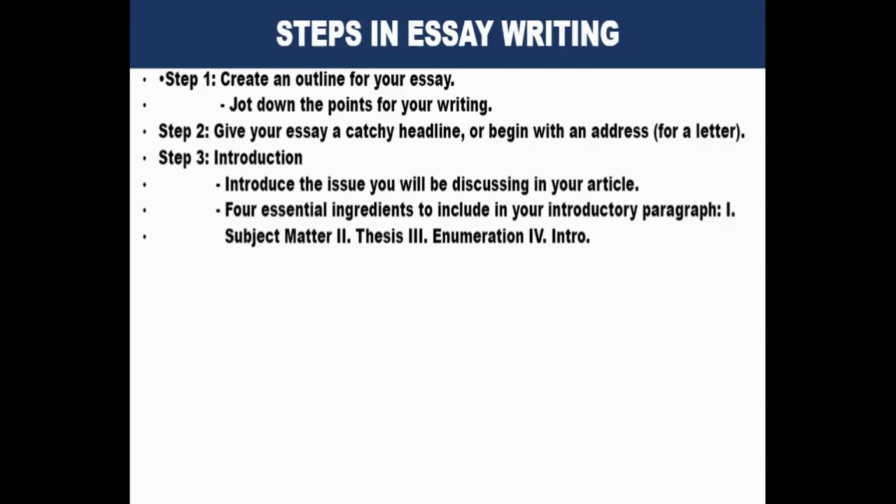One of them is the subject matter, the second one is the thesis, the third one is enumeration, and the fourth one is intro. Of course, these are very critical ingredients, very essential ingredients that you must include in your first paragraph when writing a good or great essay.